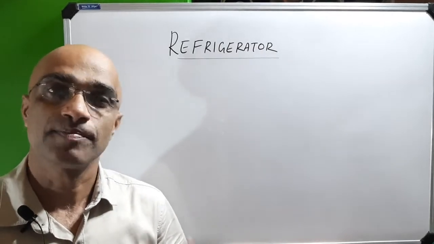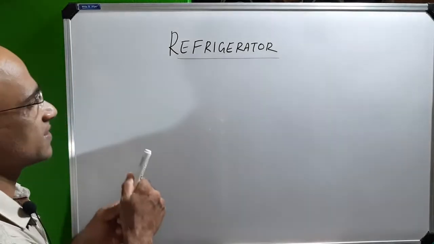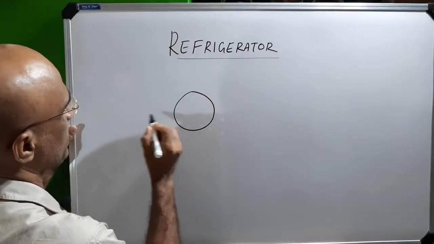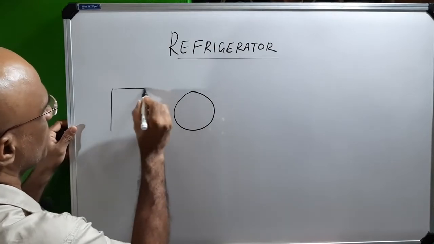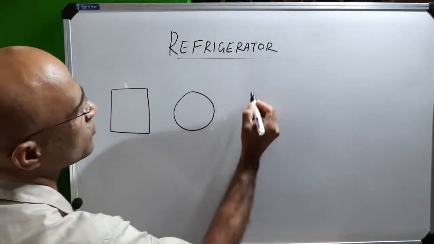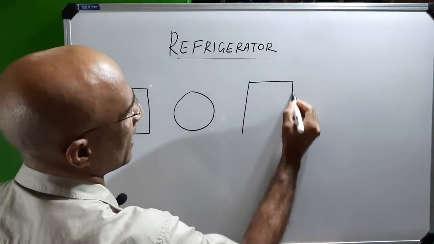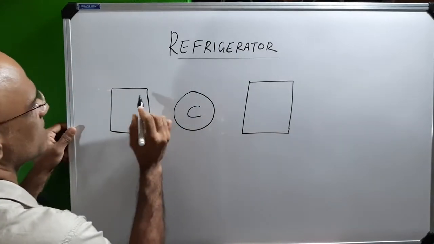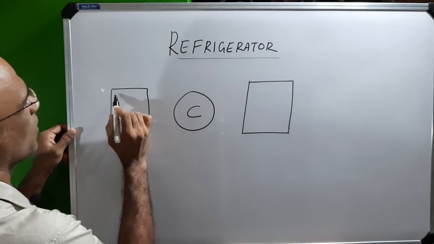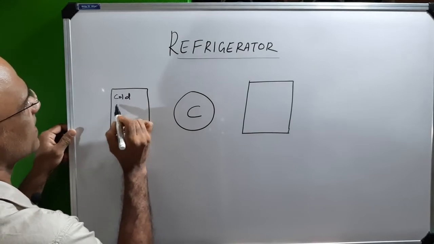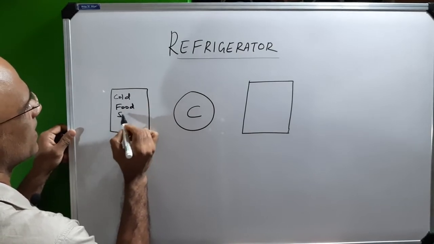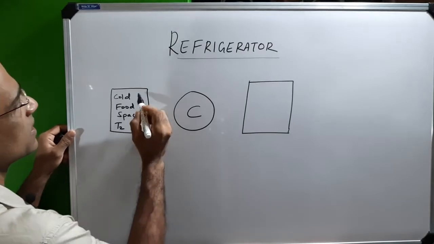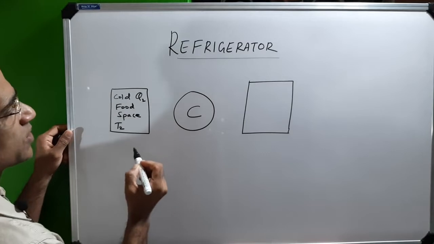We will see the block diagram of the refrigerator. We have a compressor, a cold food space, and the warm outside. The cold food space will be at a temperature T2, where heat Q2 is absorbed.